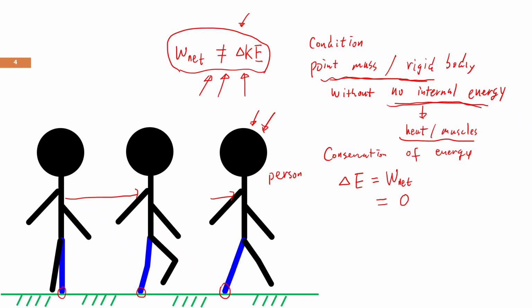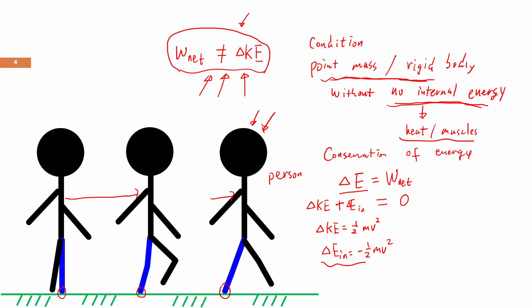And we also know in this case, the person's energy has kinetic energy. So we have the change of kinetic energy, but also we have the change of internal energy. Because we know the change of kinetic energy is positive, which is half mv squared, that means the change of internal energy is minus half mv squared.